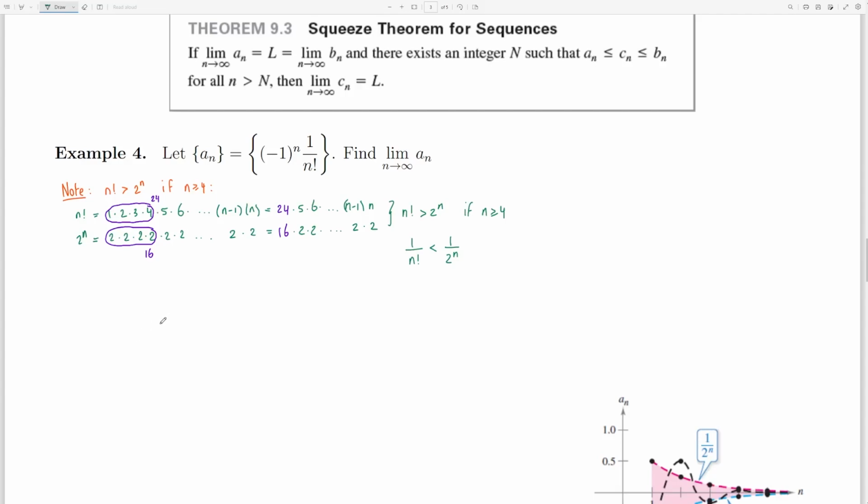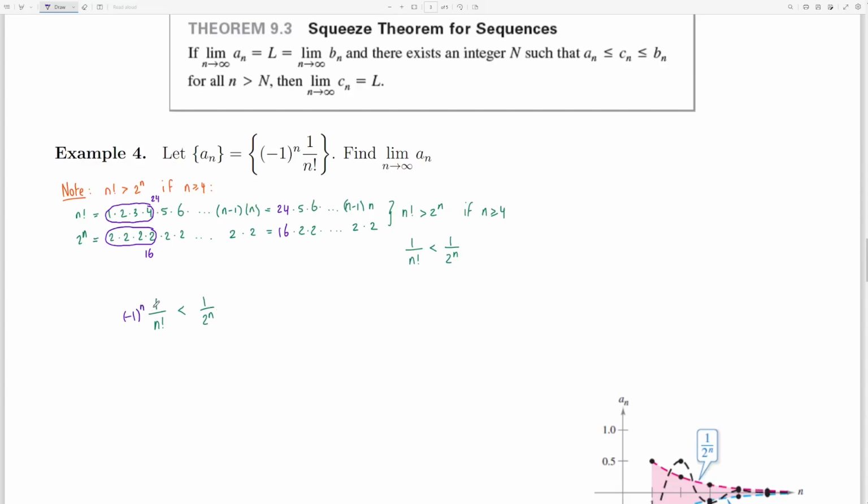Okay, so let's start out with that observation. So we have 1 over n factorial, and that is less than 1 over 2 to the power n. But our limit has a negative 1 to the power n. So what happens when we introduce that negative 1 to the power n?